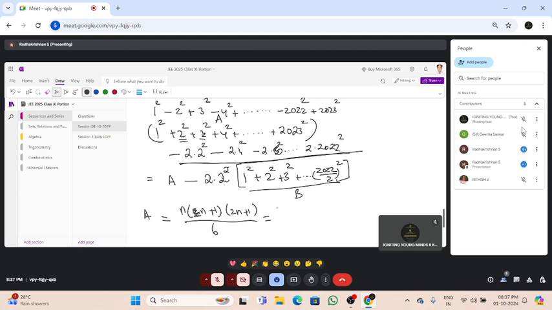Here n is 2023, n plus 1 is 2024, 2n plus 1 is 4047, that is 4046 plus 1, whole divided by 6.